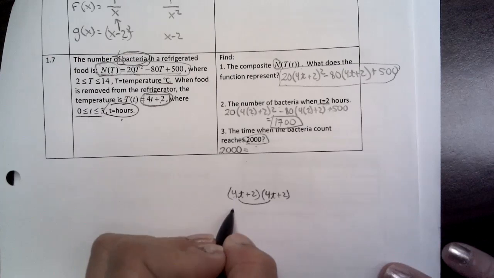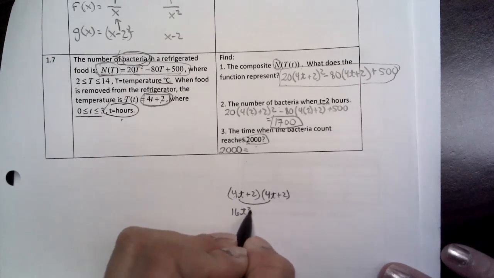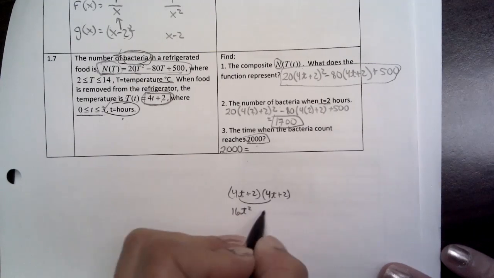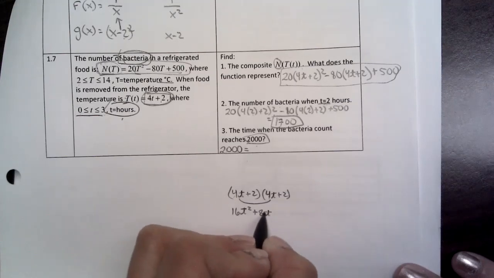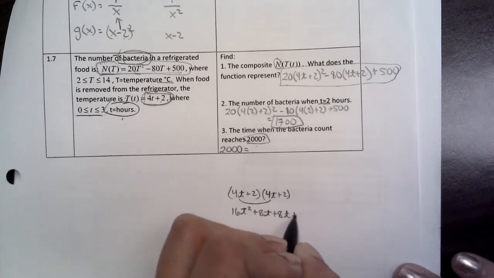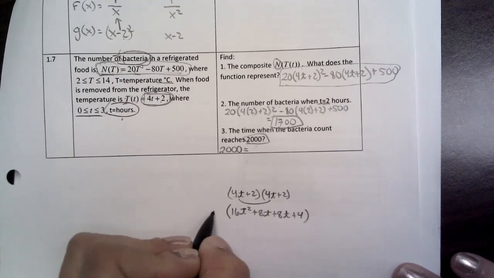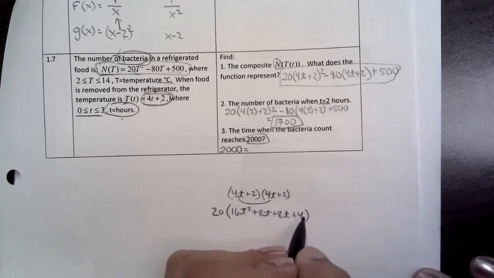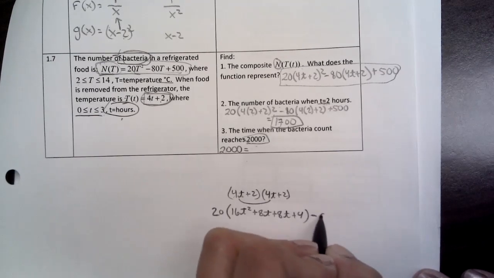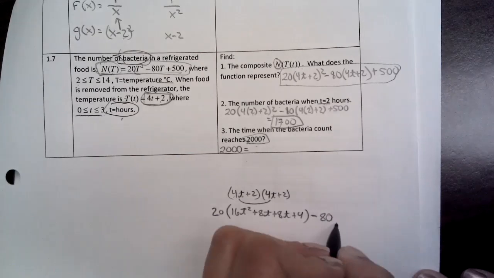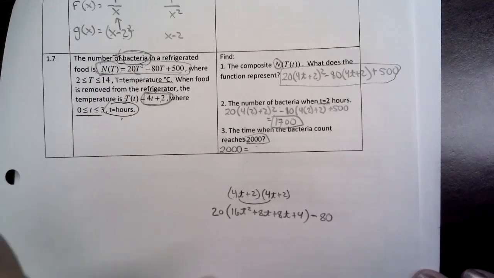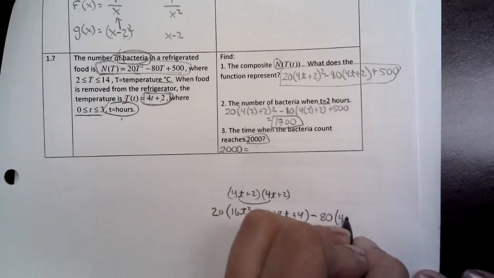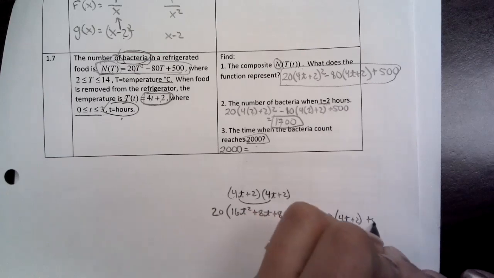So that's going to be first 16t squared plus 8t plus 8t plus 4. All of that is going to be times 20 minus 80 times 4t plus 2 plus 500.